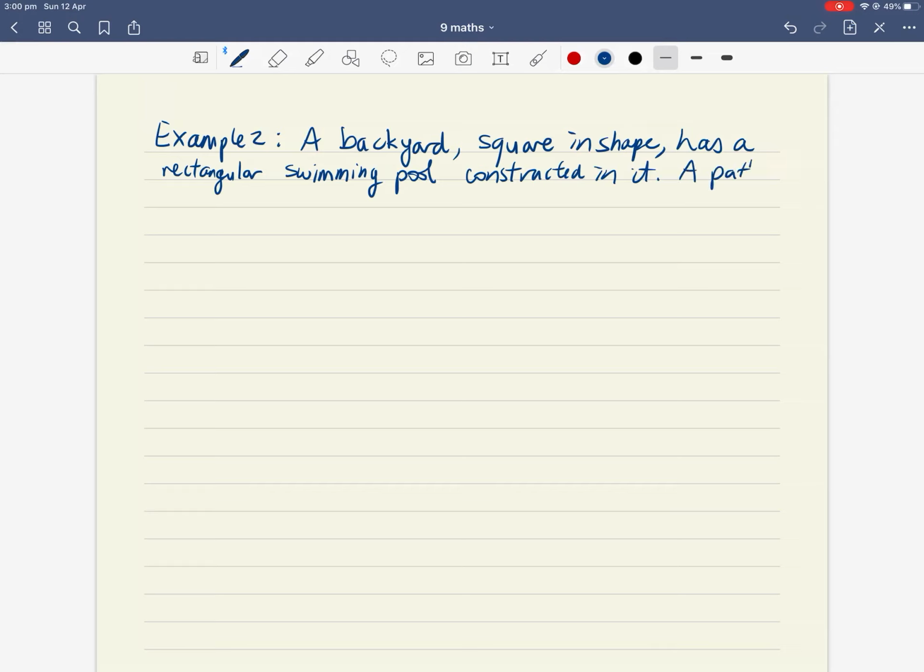A path around the pool is to be laid as shown in the diagram.